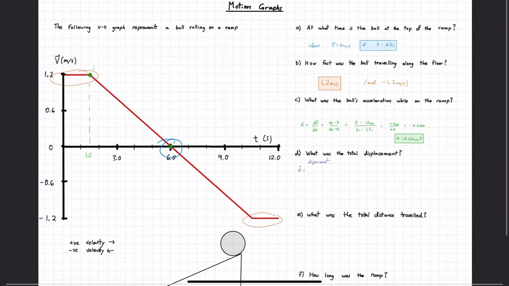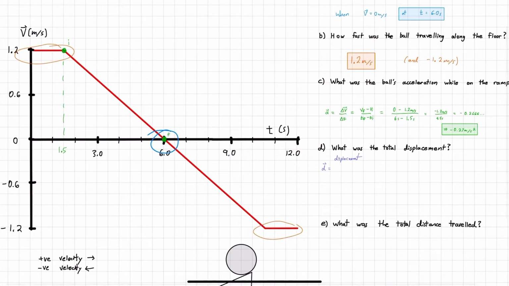The displacement on a velocity time graph is the area underneath these curves. And by underneath, what we actually mean is between the curve itself and the x-axis.